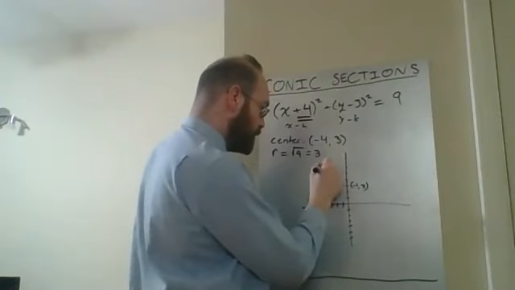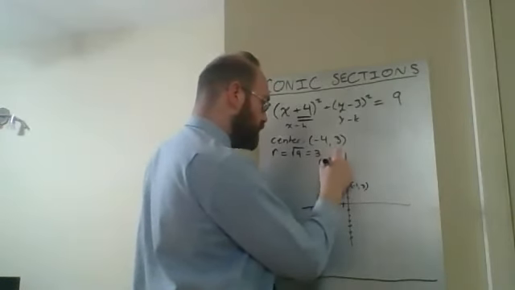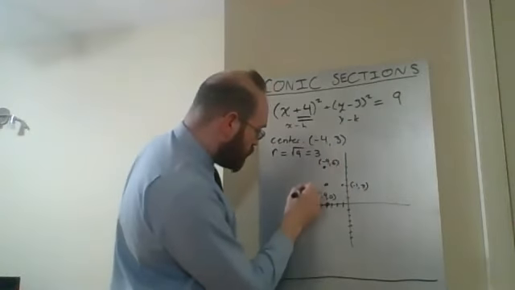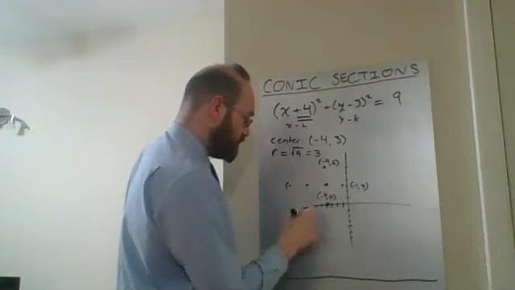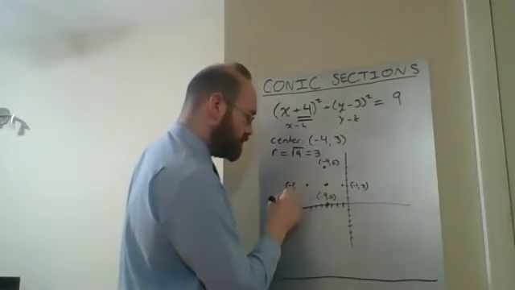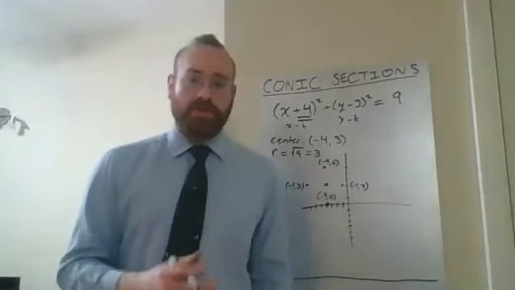And 3 points up would be (-4, +6). And 3 points to the left would be (-7, +3), yes. So I now have 4 points along the circle.